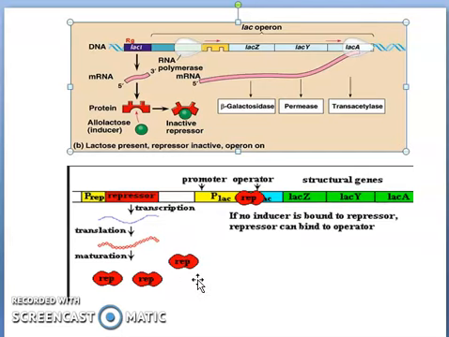So now the repressor is free and it binds to the operator region. In the promoter region the RNA polymerase will come and bind, but it will not allow further transcription to take place as the repressor is binding in the operator region.